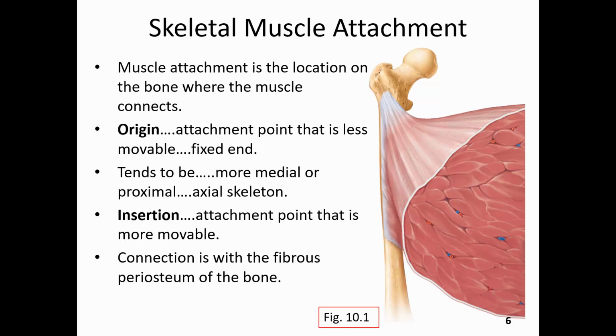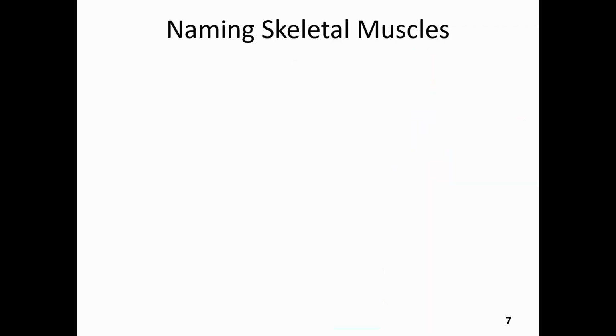The connections on both the origin and the insertion through the tendon to a bone are continuous with the periosteum, the outer connective tissue of the bone. And there are a number of bony outgrowths referred to as crests, trochanters, tubercles, and tuberosities that serve as these attachments for muscles throughout the body.